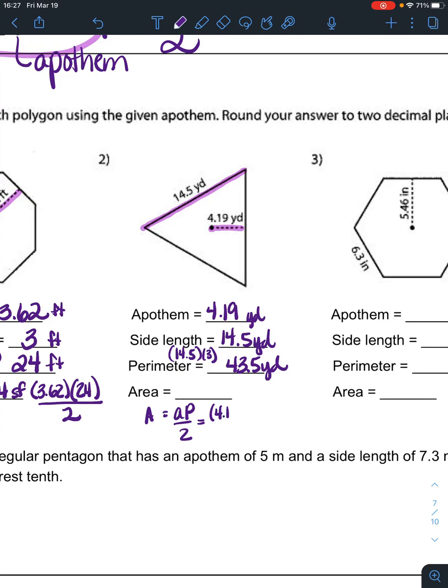The apothem times the perimeter over 2. So 4.19 times 43.5 divided by 2, and you get 91. And it says round your answer to 2 decimal places, so 91.13. And that would be square yards.